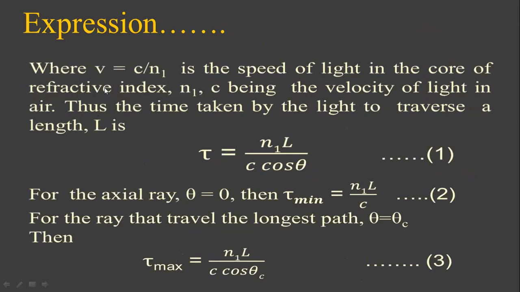In this equation, V is equal to C by N1, the speed of light in the core of refractive index N1, and C being the velocity of light in vacuum. Thus, the time taken by the light to traverse a length L is tau equal to N1 into L divided by C cos theta.